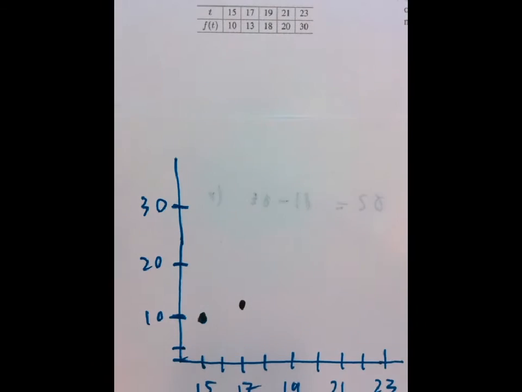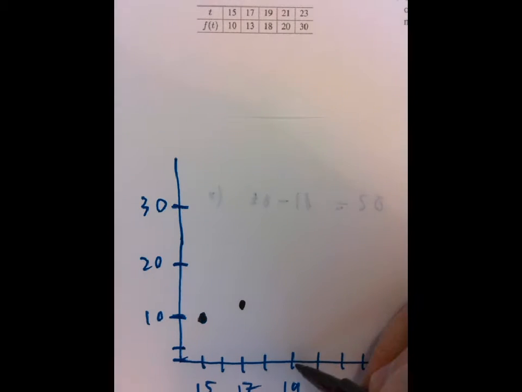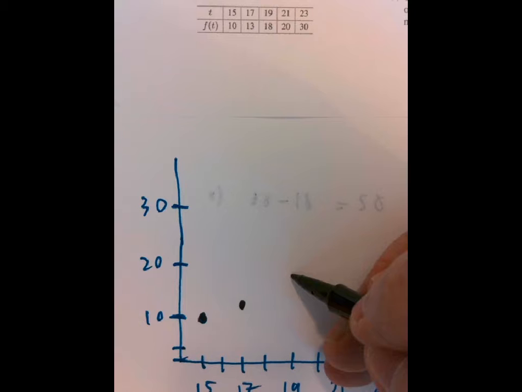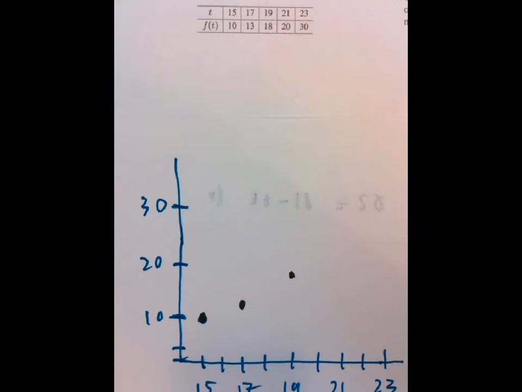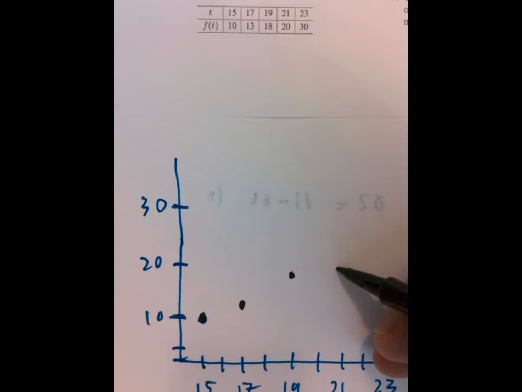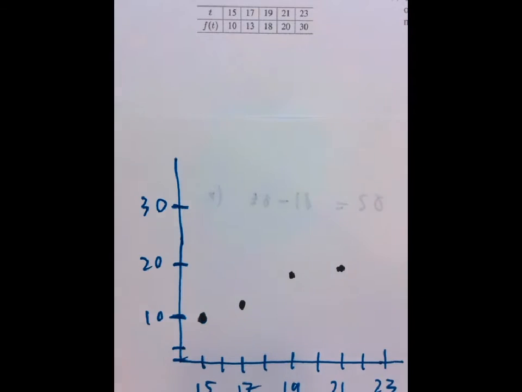At 19, it was equal to 18, at 21, it was equal to 20, and at 23, it goes up to 30.